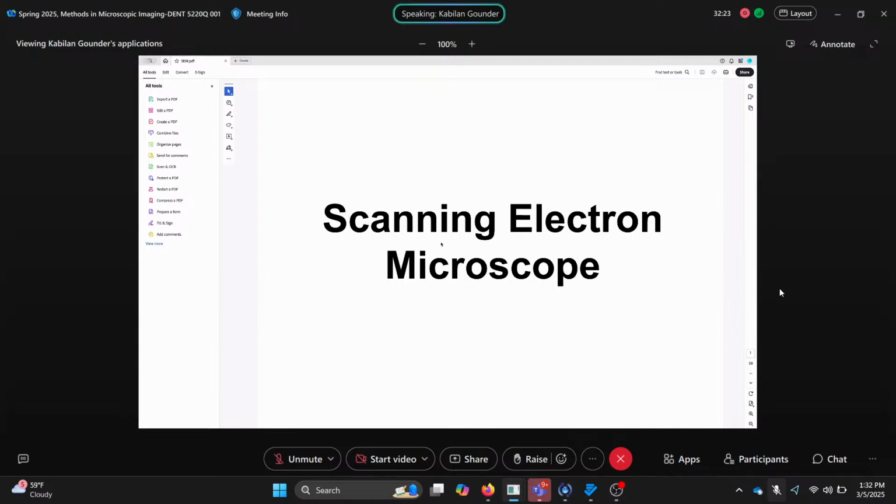So the next is the scanning electron microscope. So why do you have to use a scanning electron microscope or electron microscope compared to a light microscope or fluorescence microscope? What is the advantage? So we'll see that one by one.